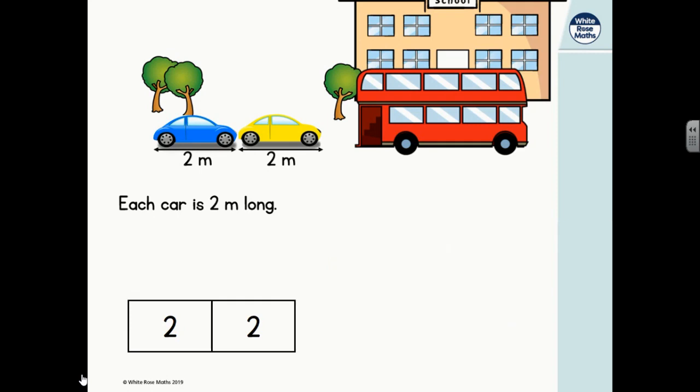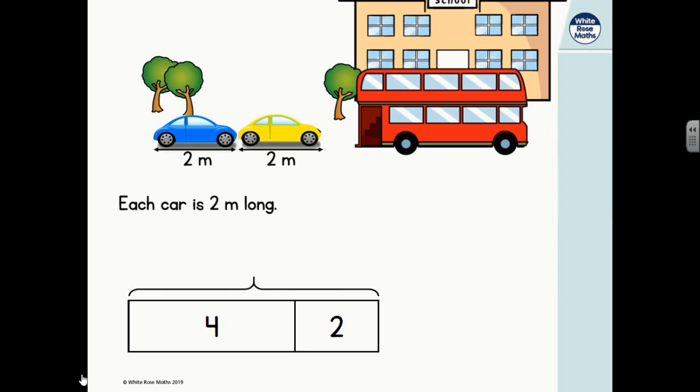What about if we want to know how long the bus is? We saw earlier that the length of the bus is equal to 2 cars. So we can swap our 2 cars in our bar diagram for 1 bus. And the bus is 4 meters long.